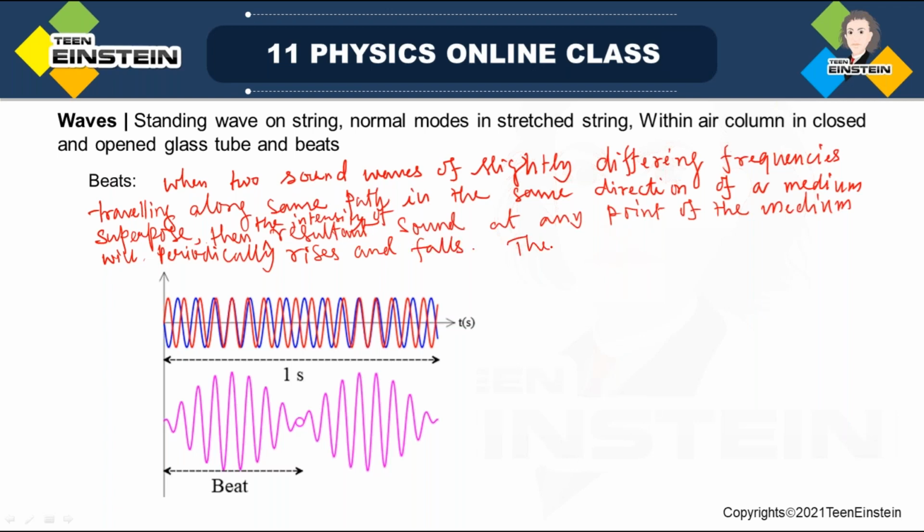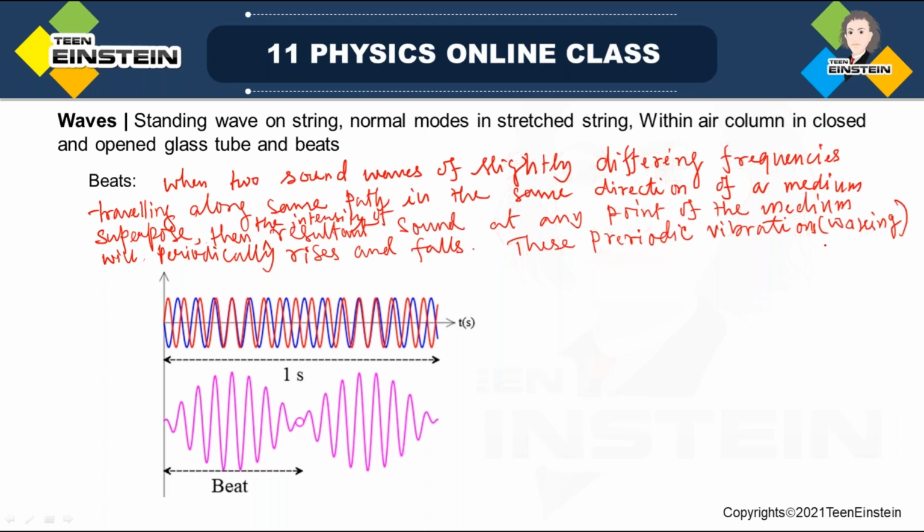Okay, these periodic vibrations, that means waxing and waning. Waxing means rising.